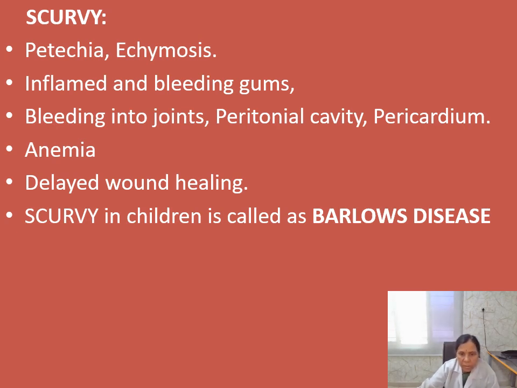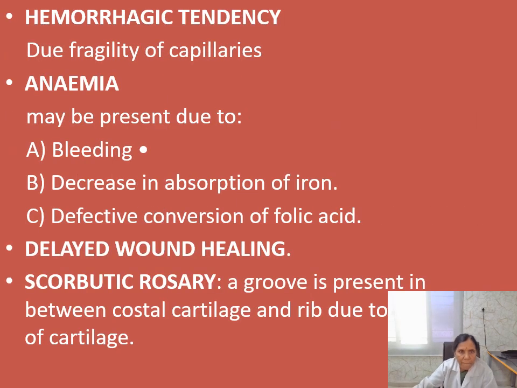Scurvy in children is called Barlow's disease. And hemorrhagic tendency is due to fragility of capillaries, and blood loss anemia is seen due to bleeding, decrease in absorption of iron, and defective conversion of folate.